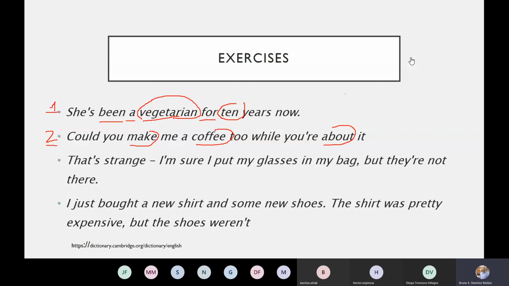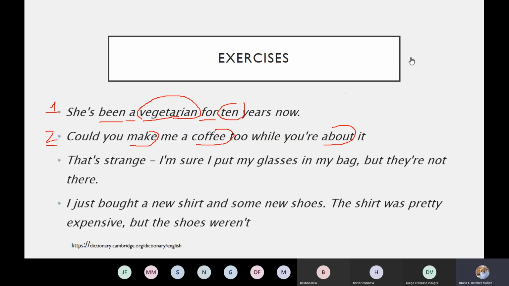They don't have a weak form anyway, okay? There's no way to reduce put or glasses or bag, or sure, into a weak form. It's always a strong form with these content words.